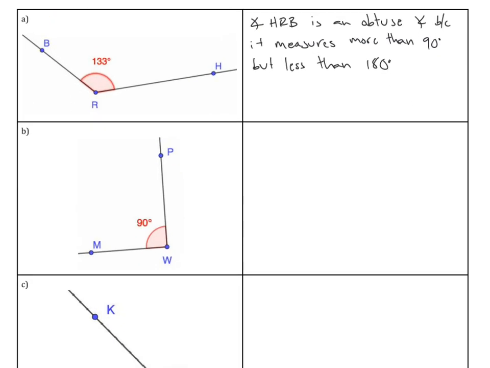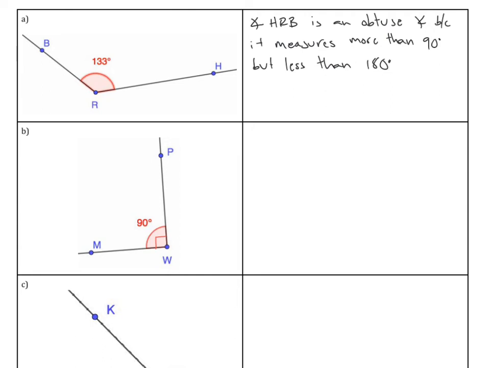All right. Part B. Part B, we have angle PWM or MWP, and it tells us that the measure of the angle is 90 degrees. Now, one thing that the picture or this problem didn't do is write in that little box to signify that I have a 90-degree angle.